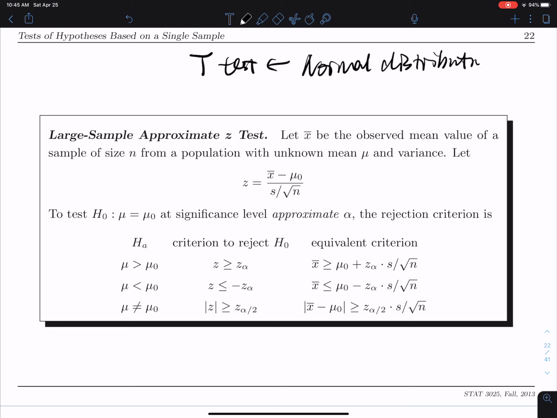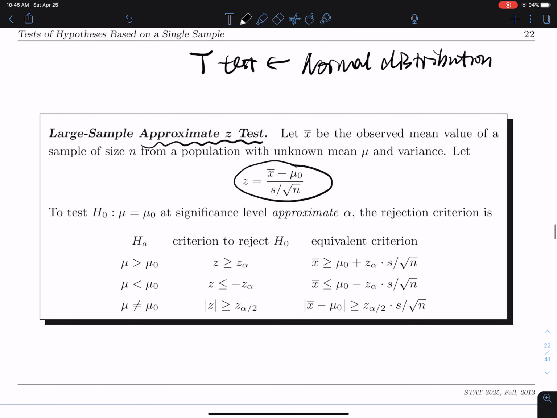However, when we would like to use the approximate z-test, it means that the distribution is not normal or is unknown. And we can use this approximate z-test when our sample size is very large.